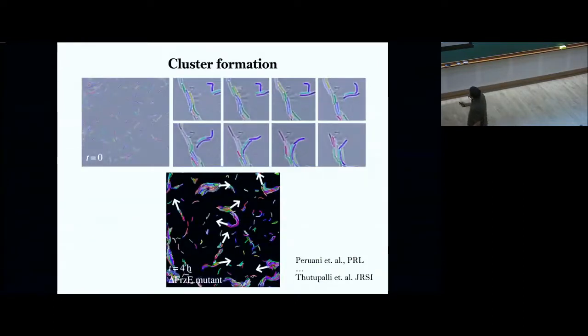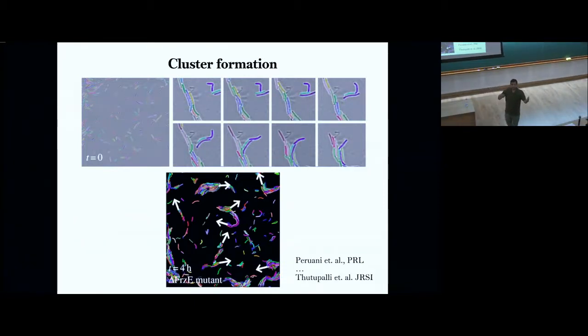If you take these cells and put them in a rather dilute state on this pad, just by steric interactions, they will collide and start forming groups, which are long-lived. These groups look very much like a flocking state of aligned and polar bacteria.